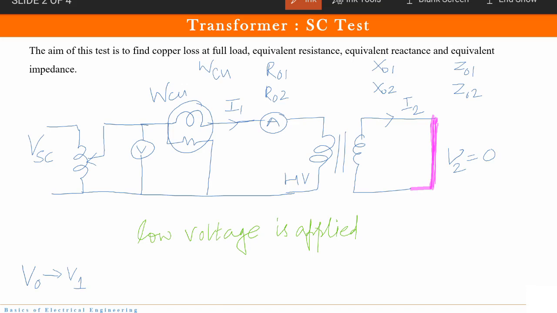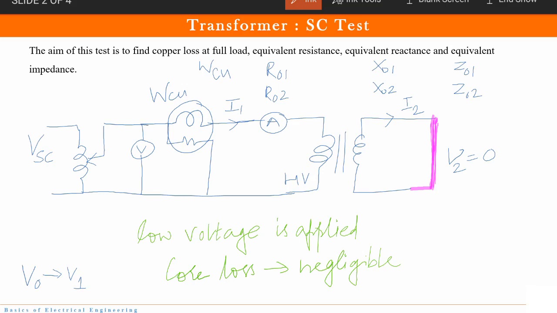Since low voltage is applied, my core loss will be negligible. So whatever reading my wattmeter gives me corresponds to copper loss.